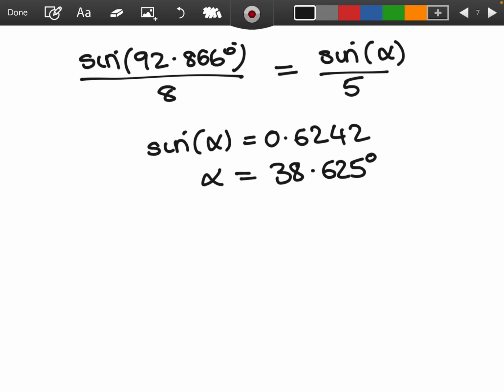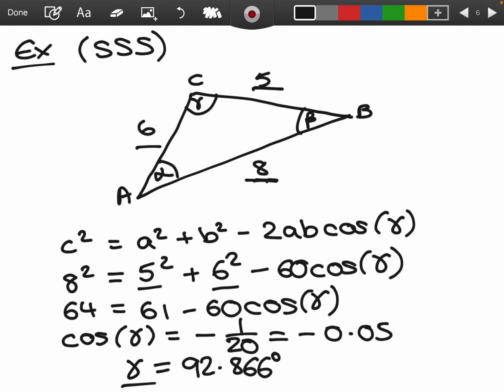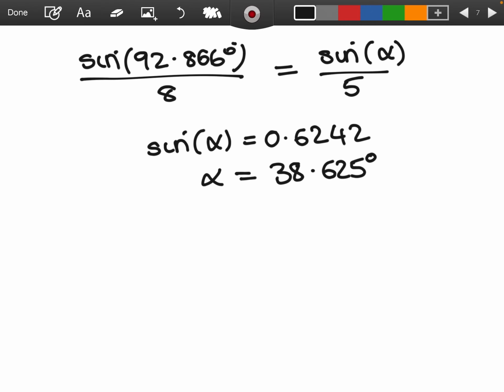Like I said, we only have to worry about one triangle here, okay? I don't have to worry about, like we did in our previous video, with 180 minus this and looking at a second option for a triangle. I know that there must only be one triangle here because this gamma is already greater than 90 degrees, okay? And now I found alpha, beta's easy to find.